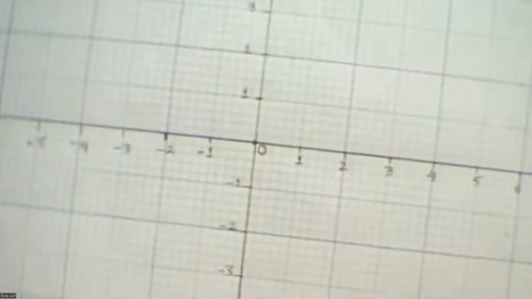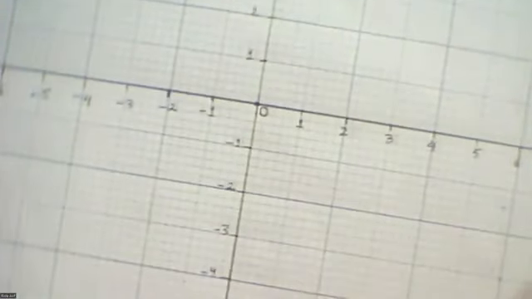Now, what about the y-axis? I have mentioned the positive values of y at the top, and the negative values of y below.